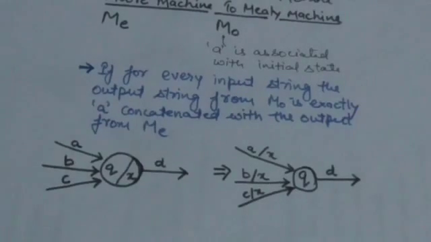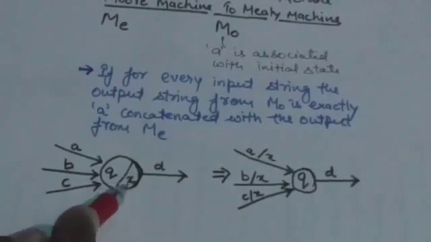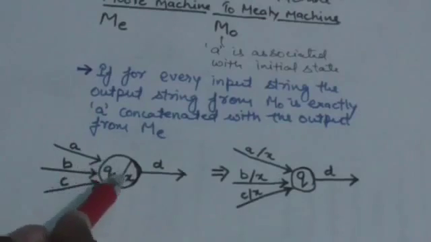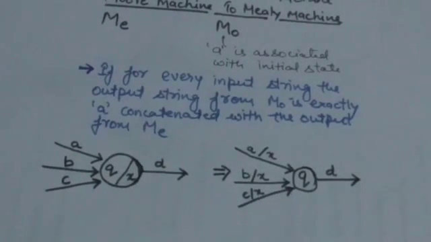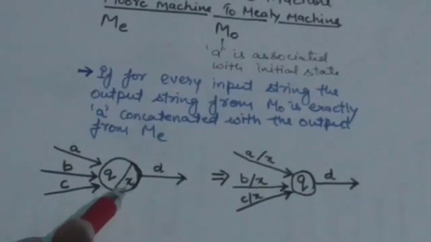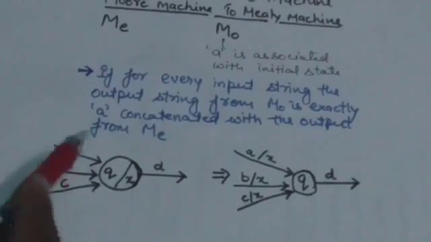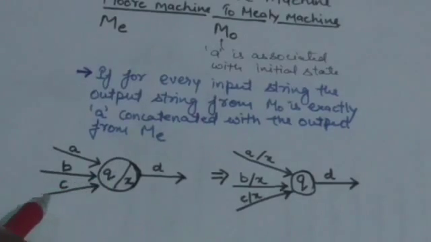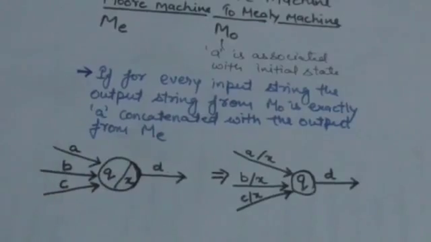Now what we have to do, we have to associate this output with the transitions which is now associated with the state. So what will I do? I will remove this output symbol from here and I will label all incoming edges to this state, which represent transitions to this state, with this output.